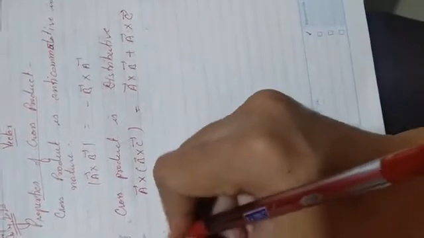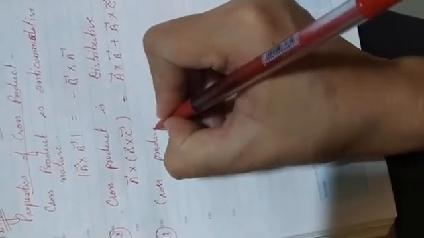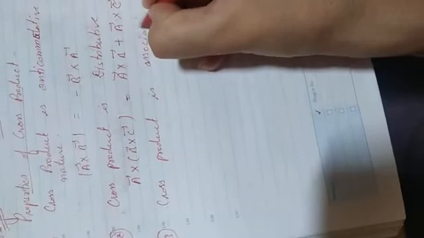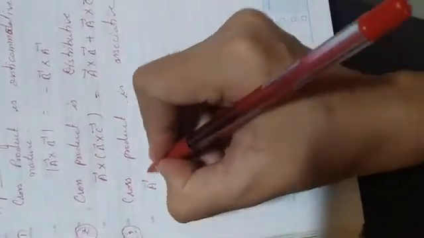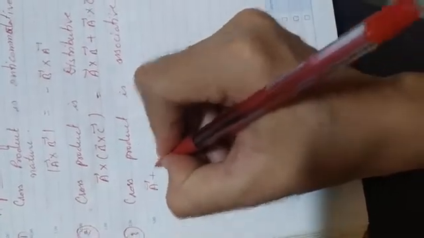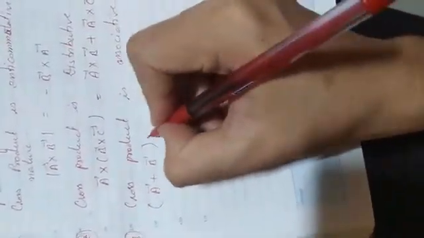C like this. Third rule, that is the associative property, that is the cross product also follows the associative property. Cross product is associative, that is A vector plus B vector cross product of C vector plus D vector.